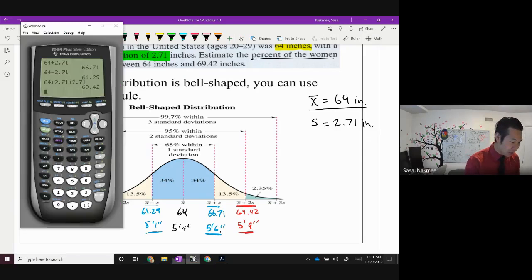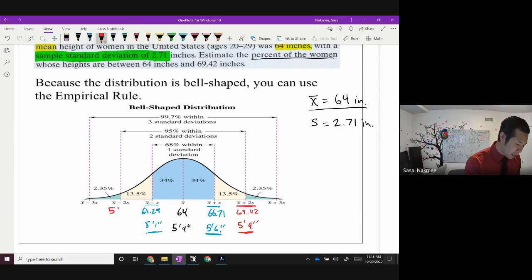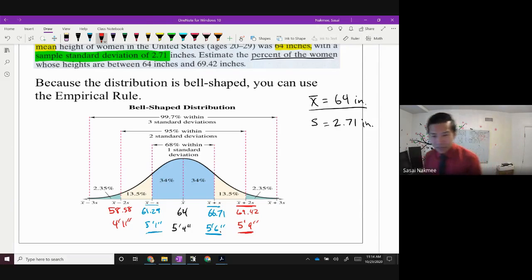And we could also go in the other direction. If we go 64 minus the standard deviation twice, that helps us to find 2 standard deviations below the average, which is 58.58, which is roughly 4'11".